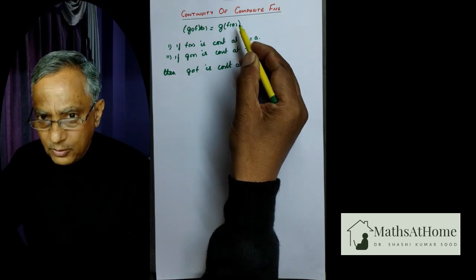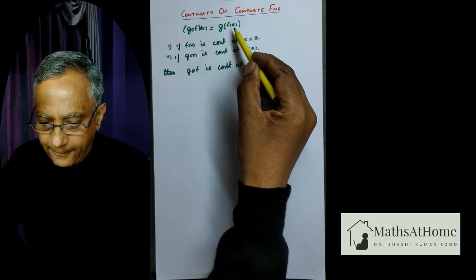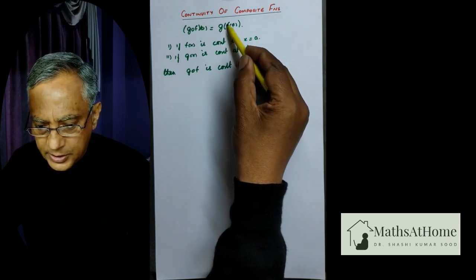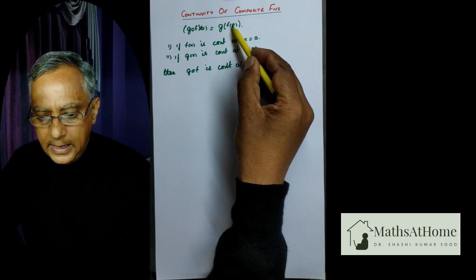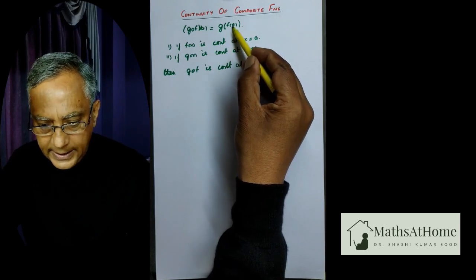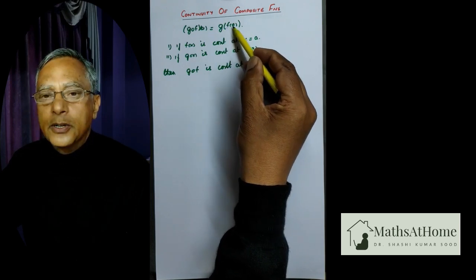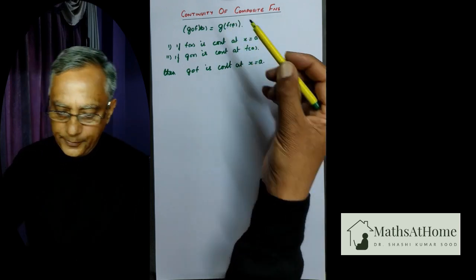I am repeating it once again for you. If f is continuous at a and g is continuous at f(a), then g∘f will be continuous at x equal to a.